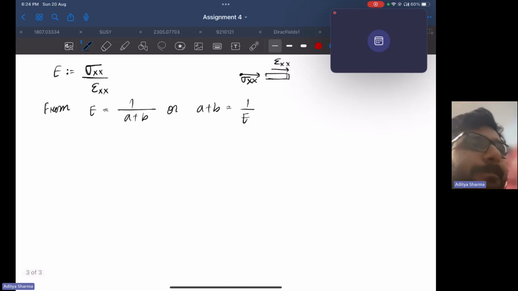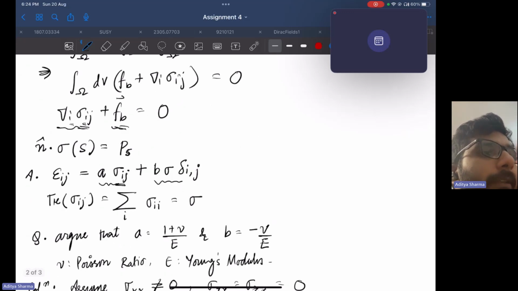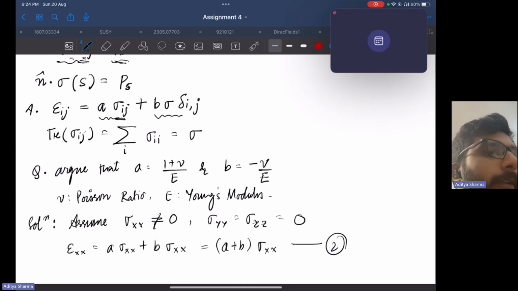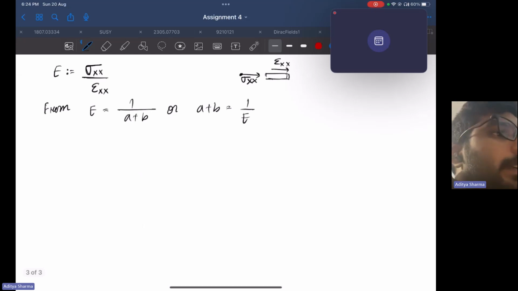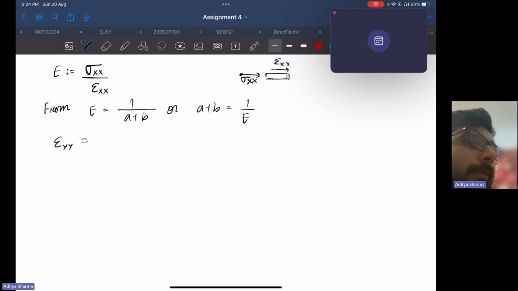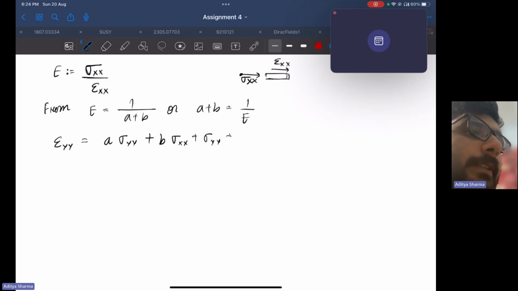And now let us check what happens in the other direction. For example, epsilon yy. For epsilon yy, we have A sigma yy plus B. Since this is the trace, we have sigma xx plus sigma yy plus sigma zz.